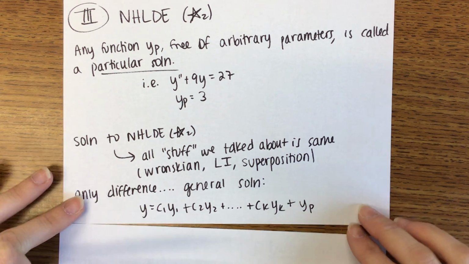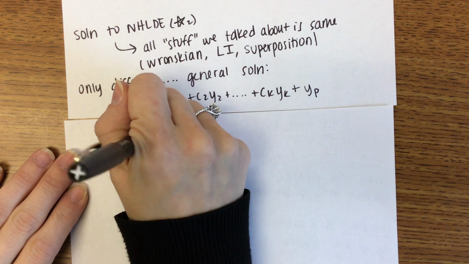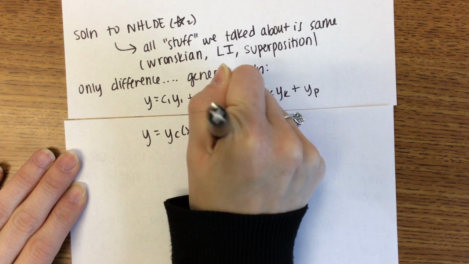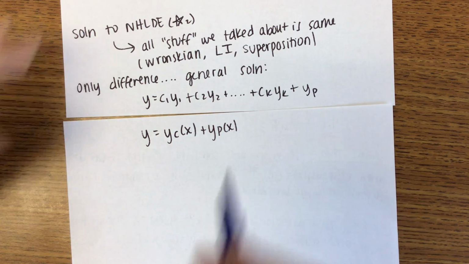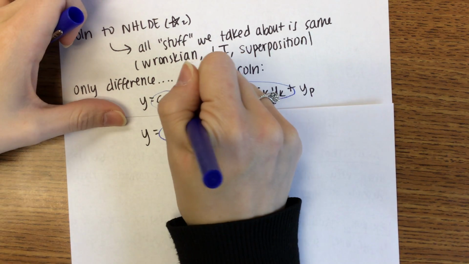Now, oftentimes it's not written like that because that is just a little tedious. So another way to write this is the following. That is the particular solution. All of that is written like that.